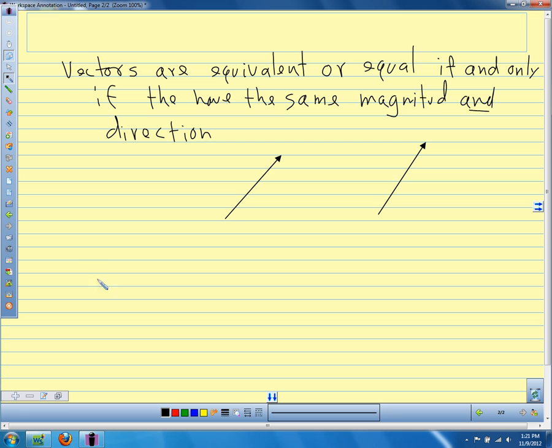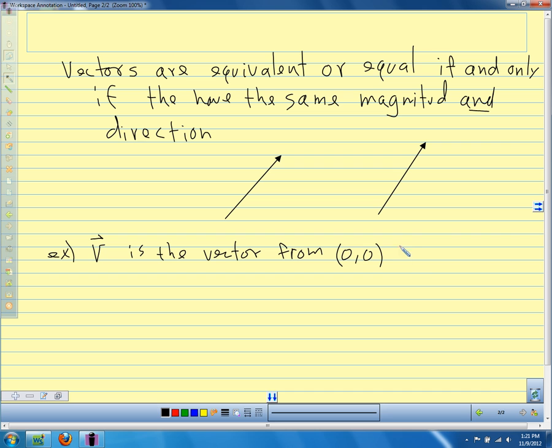Let me do a quick example talking about the length, the magnitude, and the direction of a vector, just to show how we work with these. So if we have v, and I make my v's with a little tail because my v's end up looking a lot like my u's. So v is the vector from point 0, 0 to the point 4, 5.